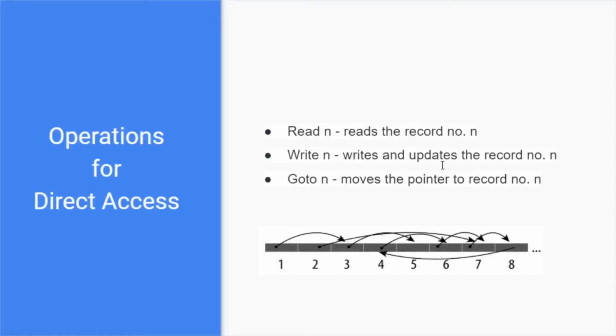It writes and updates the record number n. If we need to write data at, suppose, the 6th position, we'll just perform write 6 and the 6th record will be updated. Then the third one is go to n. It moves the pointer to the record number n. So it doesn't perform tasks like read or write. It just moves the pointer to the required record number.